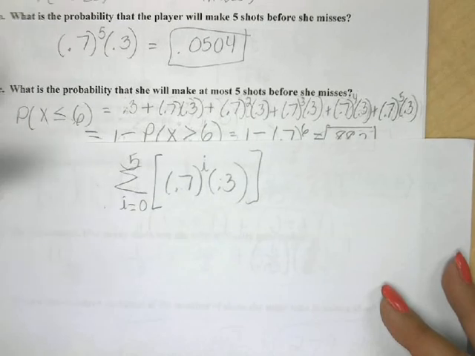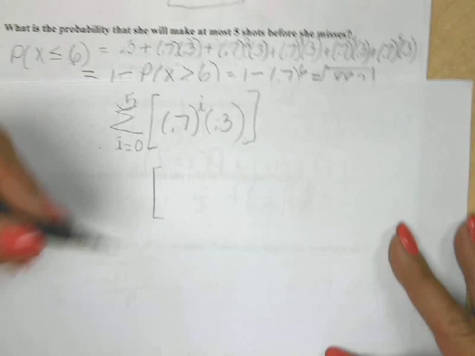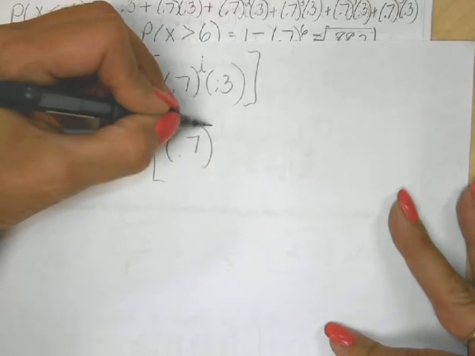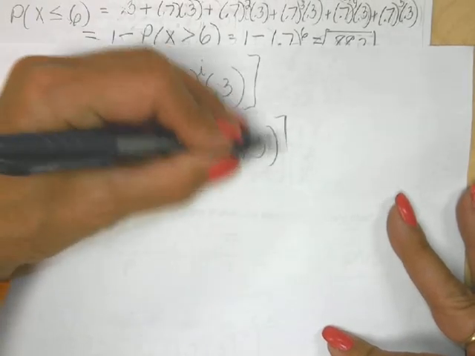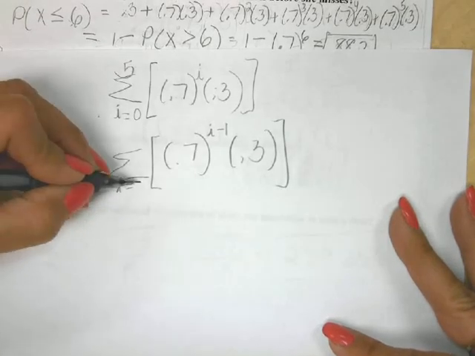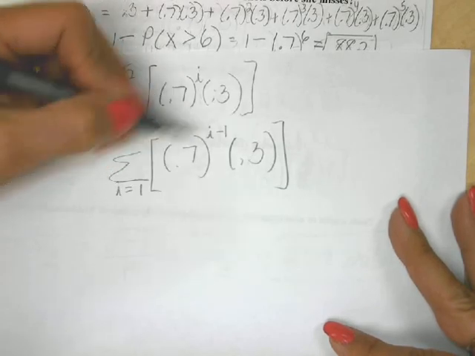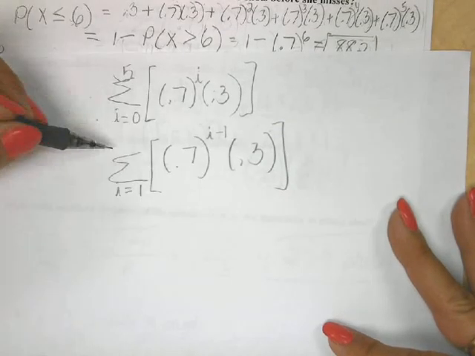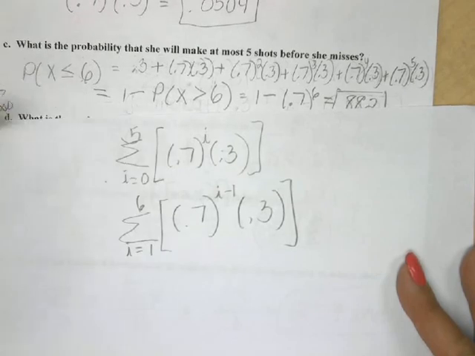Okay. Now, you could also go through and write something like this that looks more in line with the formula, and you could say, I'm going to let 0.7 be to the i minus 1. And then you would start the counter out with, did it happen on the first time? If I put 1 in there, this would be 0, and this is automatically going to be a 0.3. And then you would go up to this being consistent with this number, going up to the random variable being 6.